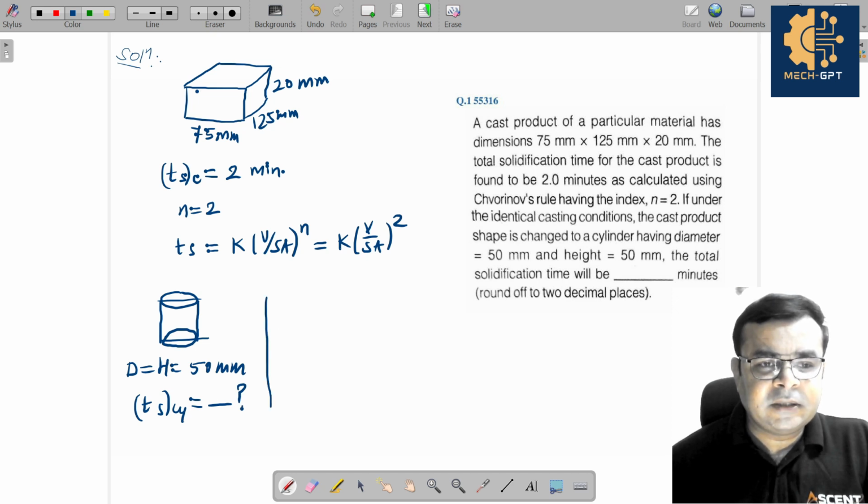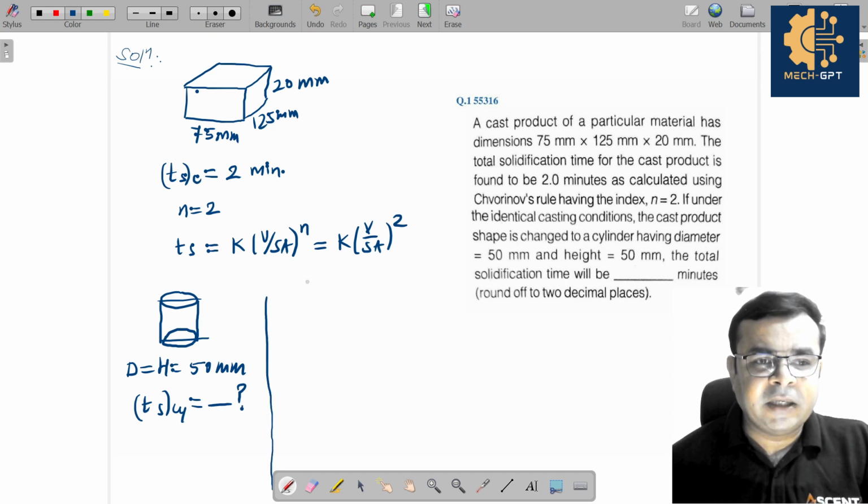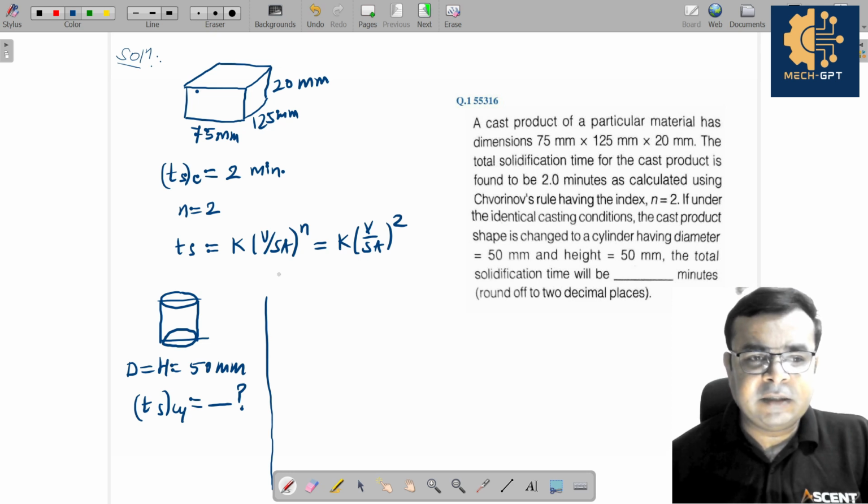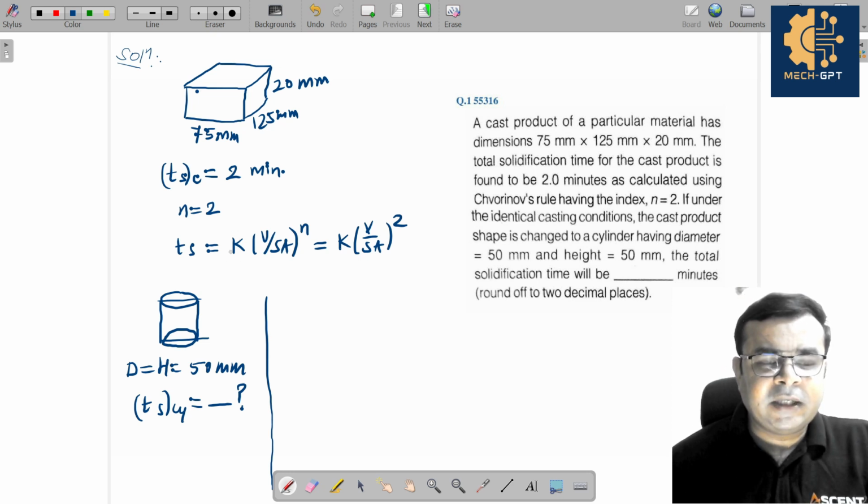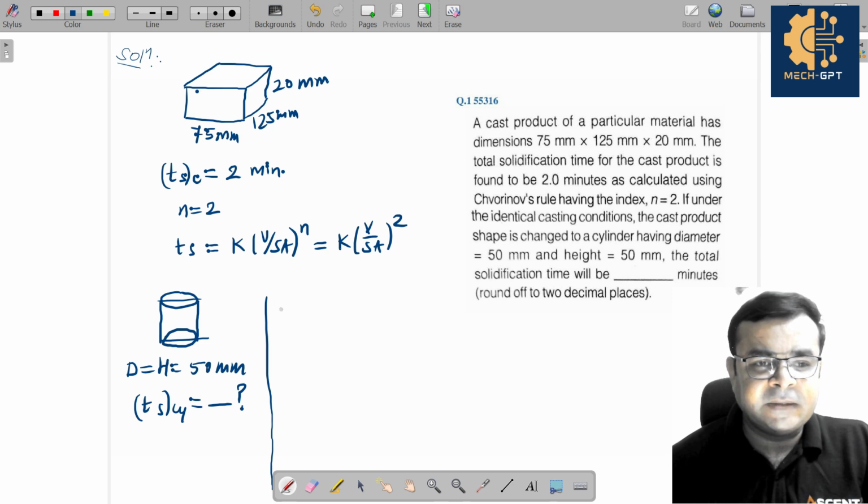So from this, as you see, the material of both castings remains the same. So the solidification constant remains the same.